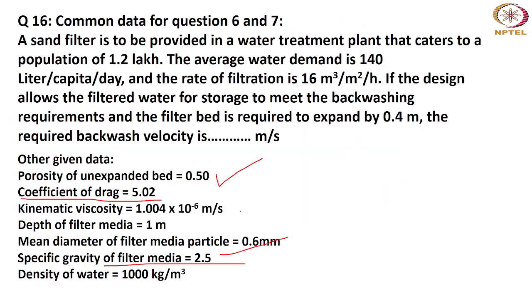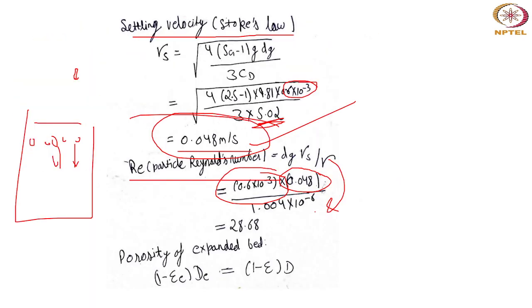The kinematic viscosity was given as 1.004 into 10 to the power minus 6 meter squared per second. With Vs as 0.048 meter per second, if you calculate, you will get 28.68 as the Reynolds number for the particle.